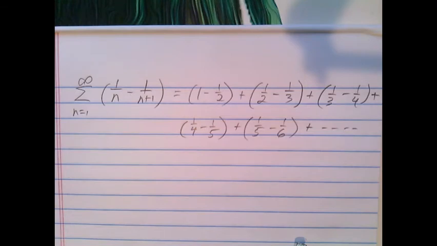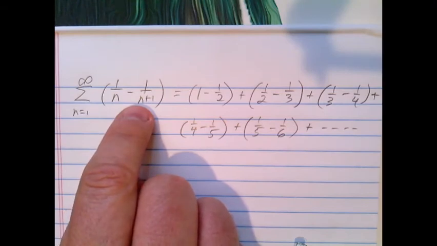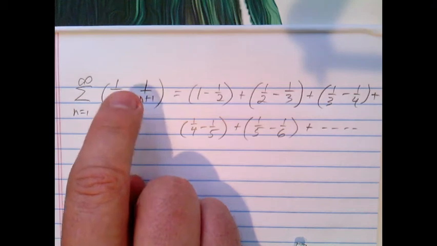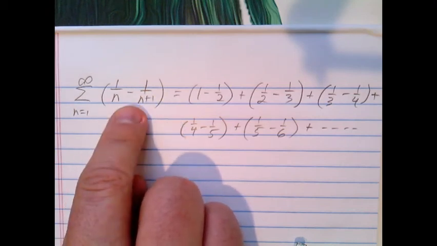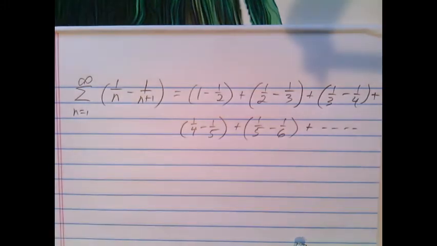I've rewritten the series from problem 275 without the (-1)^(n+1). That effectively takes the absolute values of the terms. So I'm going to think about this series. If this series is convergent, then I can say it's convergent even when I take the absolute values, and so it would be absolutely convergent.